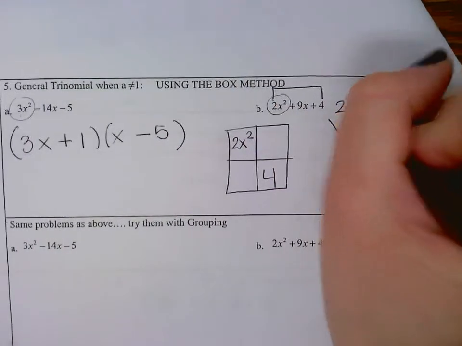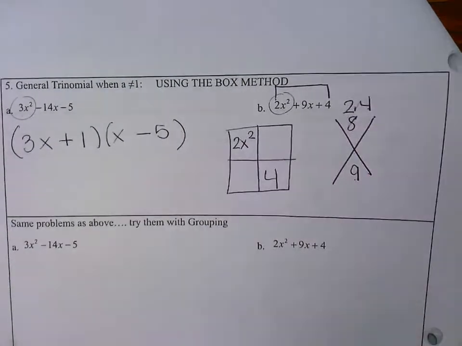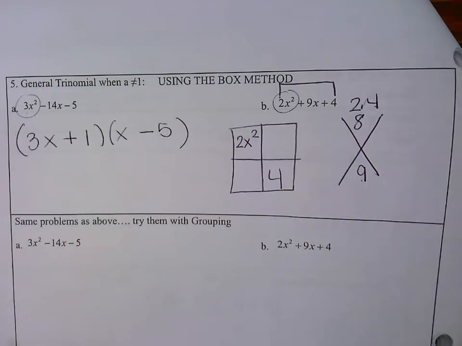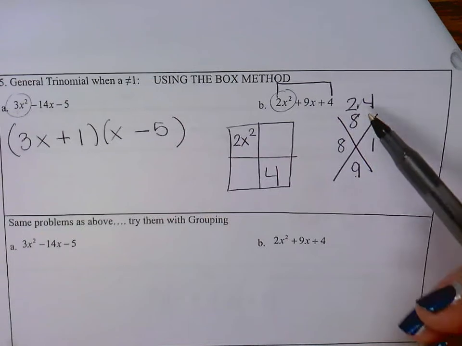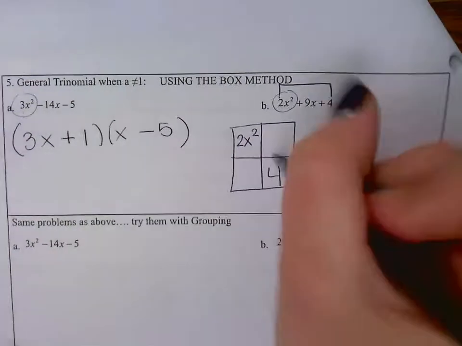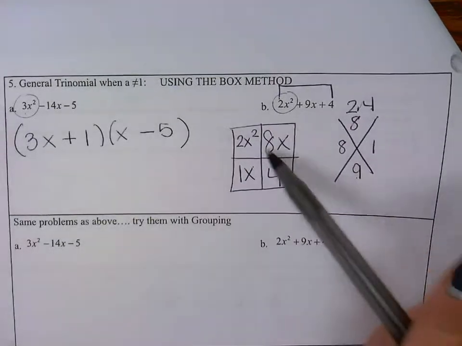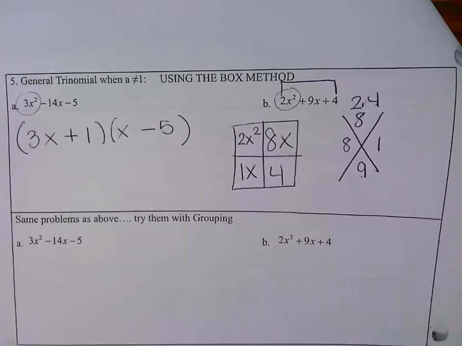So 2 times 4 is 8, and they have to multiply to 8 and add up to 9. So the factors of 8 are probably going to be 8 and 1, right? Because 8 times 1 is 8, 8 plus 1 is 9. You can put them either box. So I'm going to put 8 of my x's in one of the boxes and 1 of my x's in this other box. And do you see how that's your 9x's?